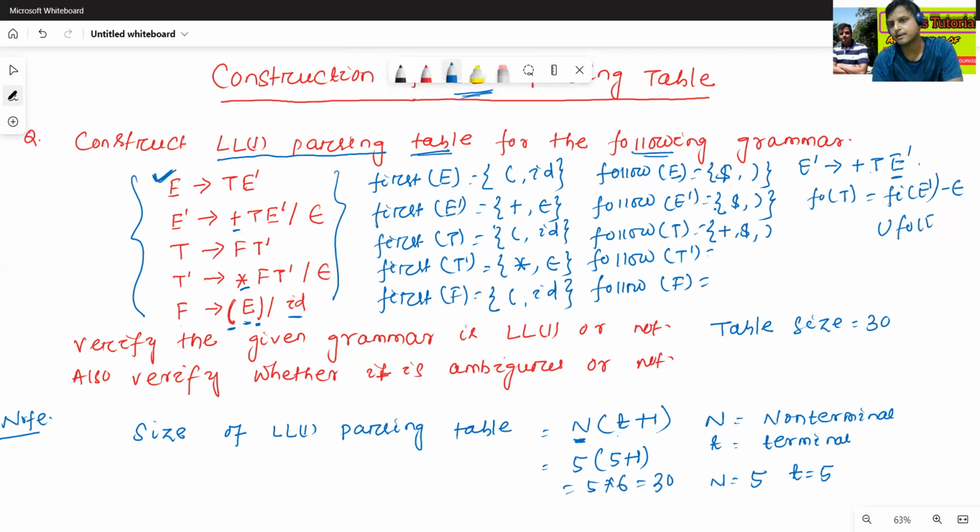Follow of E prime means $ and close bracket. So plus, $ and close bracket are already present, no need to write. Now I'm erasing here.